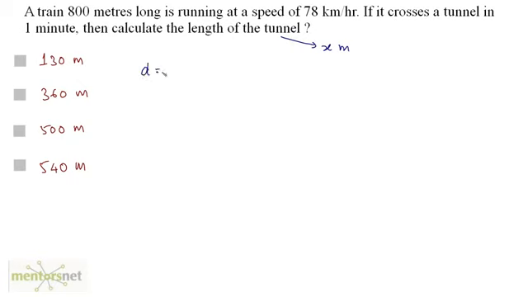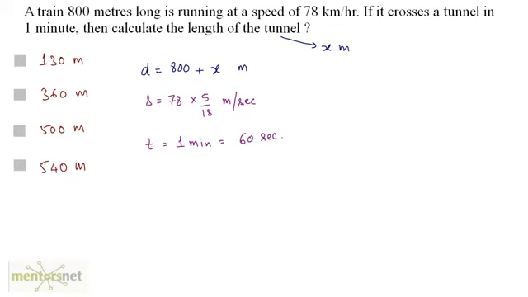So the distance is equal to the length of the train, 800 meters, plus the length of the tunnel, x meters. The speed is 78 kilometers per hour, so 78 times 5 by 18 meters per second, right? And the time is 1 minute, which is 60 seconds.